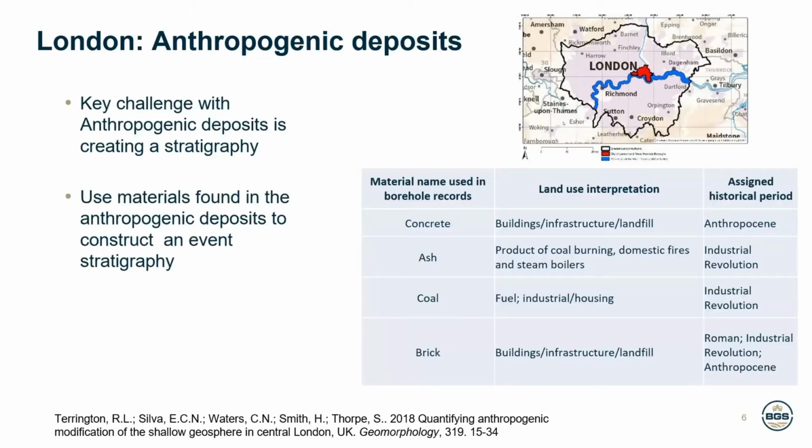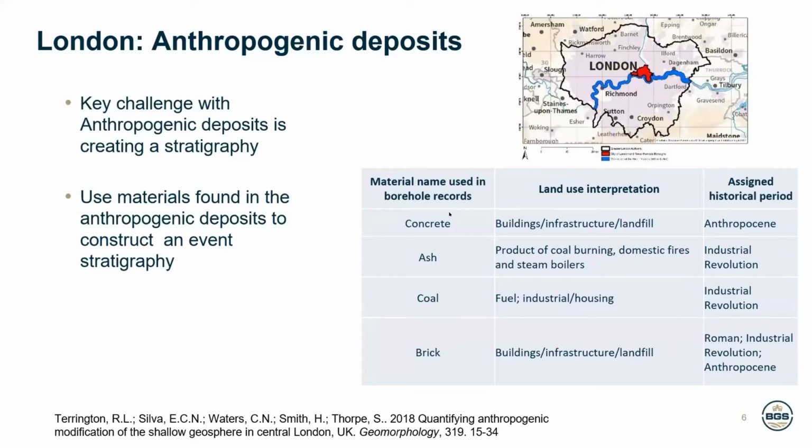What they used were materials described in geotechnical boreholes in those engineering deposits to build an event stratigraphy. So using very simple processes, the same way we build a stratigraphy in natural deposits, you can apply the same thinking to man-made deposits and then use that stratigraphy to understand how these deposits vary with thickness and time.